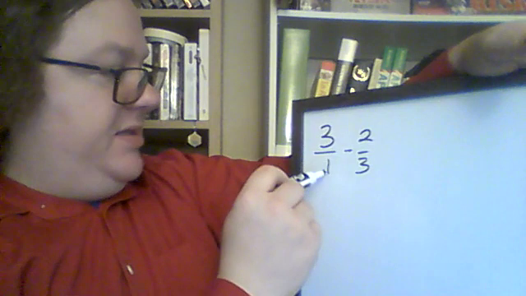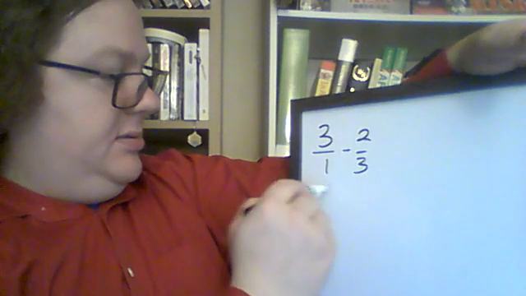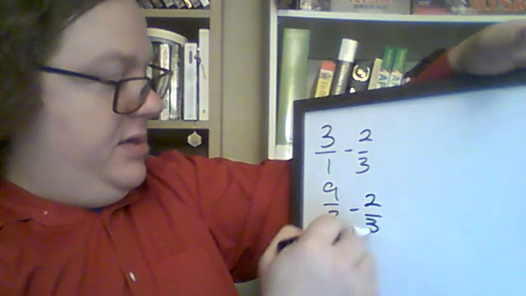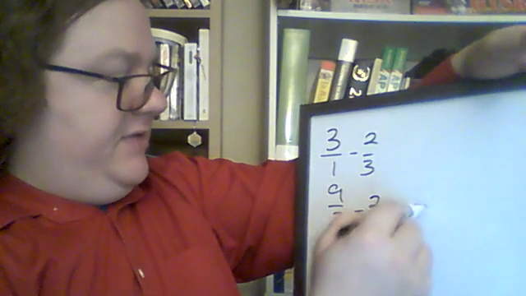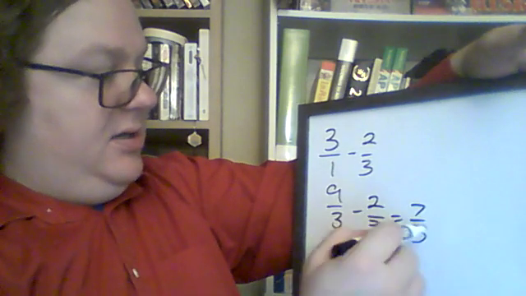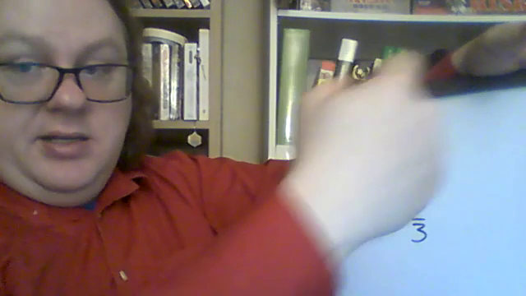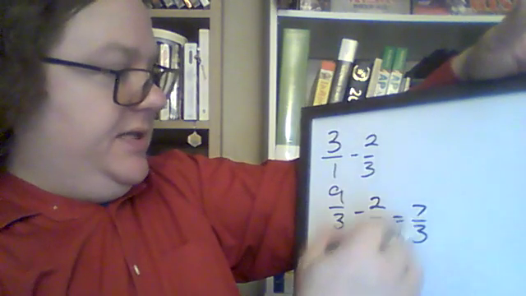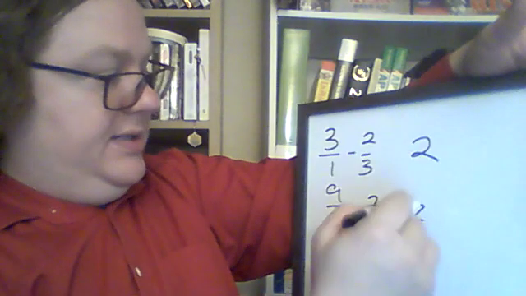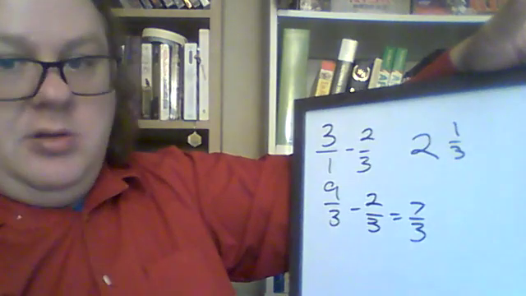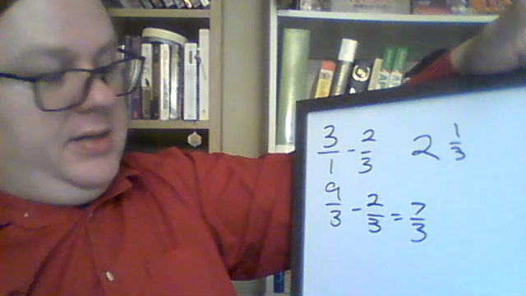I've got to multiply this by 3, so that's 9 over 3 minus 2 over 3 is 7 over 3. Okay, 3 goes into 7 2 times, right? Because 3, 6, 9. It doesn't go all the way up to 9, so we stop at 6. So that's 2. And then 7 minus 6 is 1 over 3. 2 1/3. I hope that made sense.